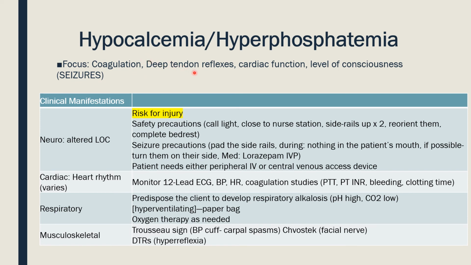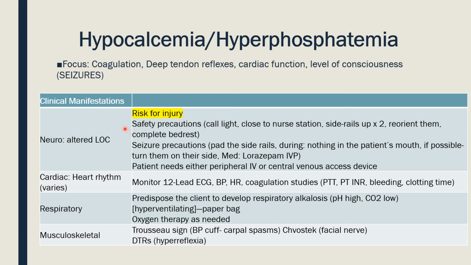You want to check their DTRs, or deep tendon reflexes, cardiac function, and level of consciousness. And remember, patients who have calcium and phosphorus imbalances are at risk to develop seizures. And for neuro, when a patient has calcium and phosphorus imbalance, they are at risk for injury.